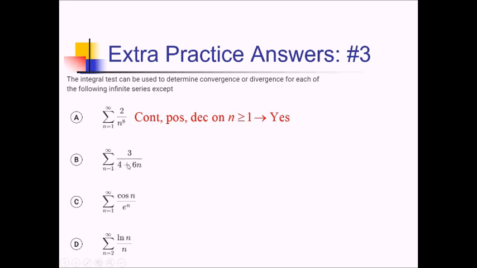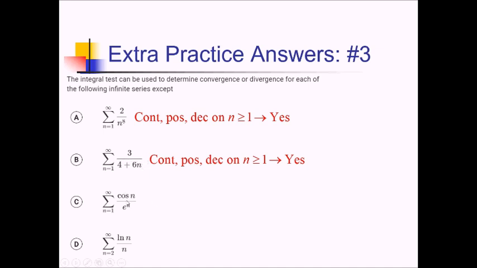We're also going to be positive. You're not going to get any negatives by plugging in numbers that are 1 or bigger. And just like choice A, this one only has an n in the denominator, so it's going to be bottom heavy. It's going to get smaller as n gets larger. So this one is also continuous, positive, and decreasing for n greater than or equal to 1. So we can also use integral test to determine convergence or divergence for this one.